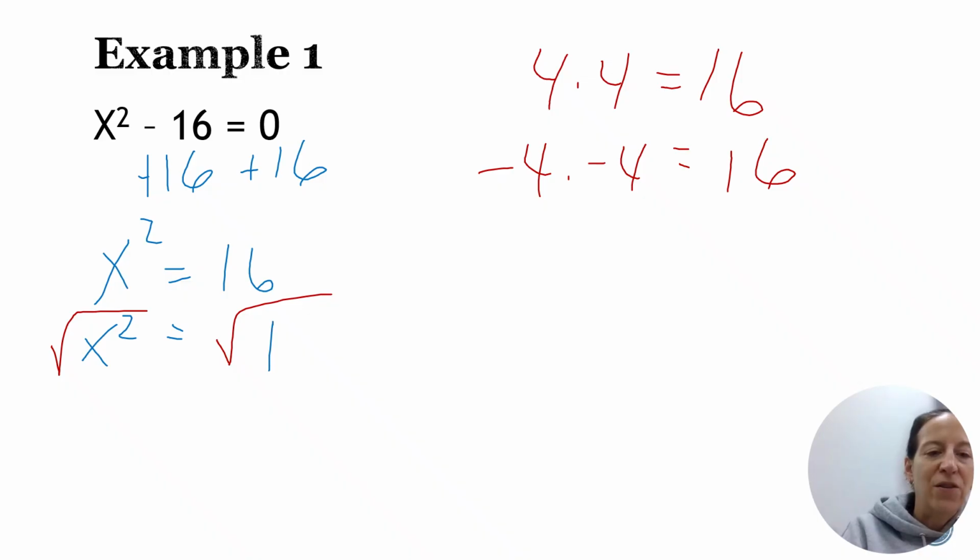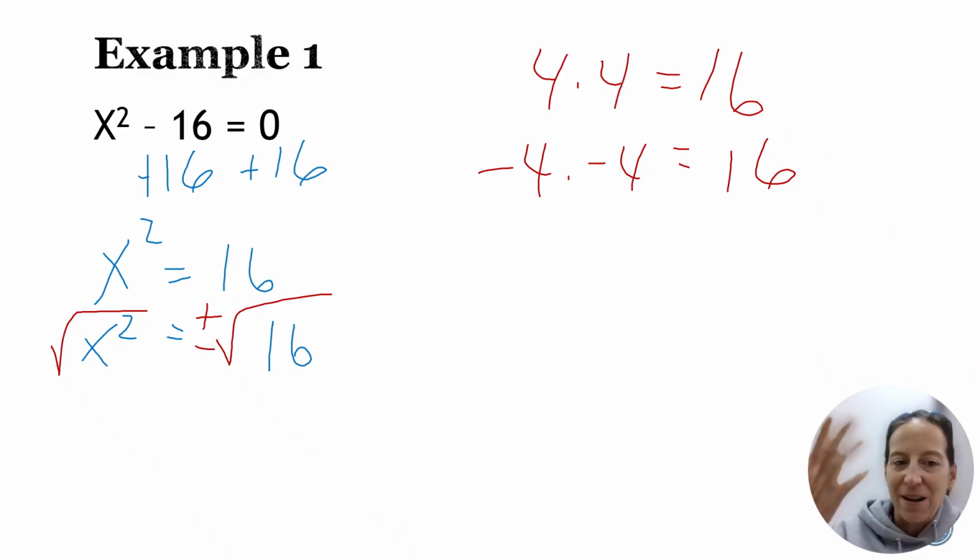When you go to take the square root, you must put plus or minus in front of the square root. The reason is because there will be 2 numbers that will give you that squared number, okay? So it would be both the 4 and the -4.